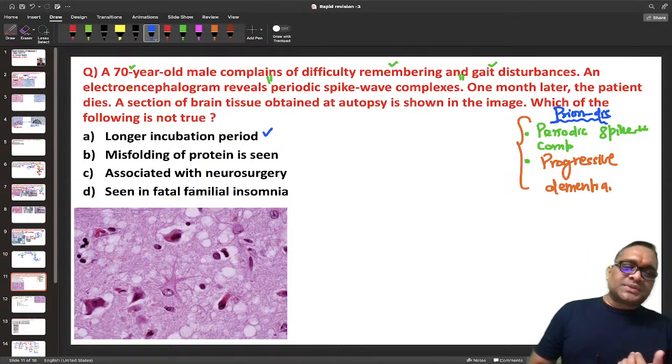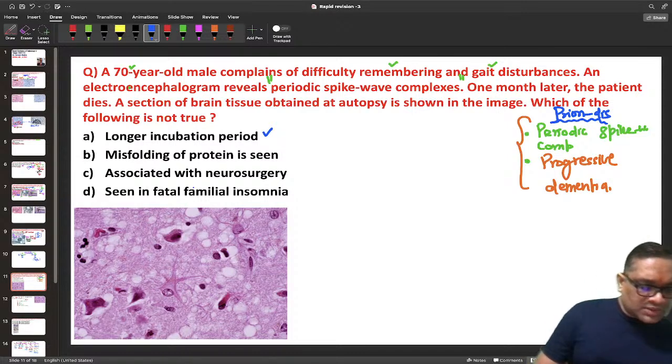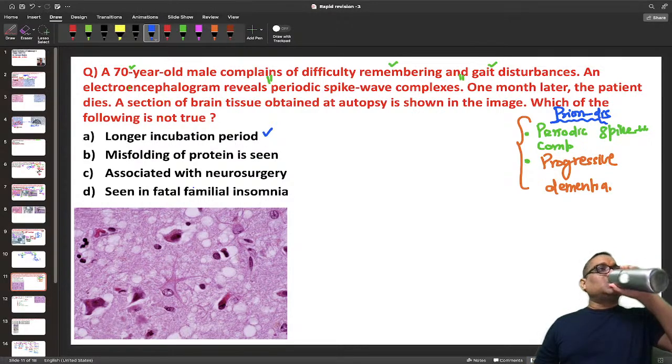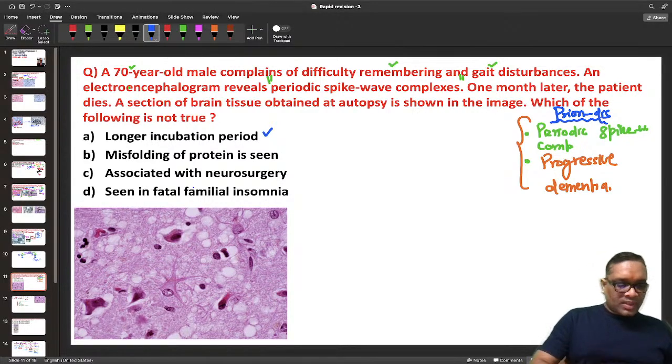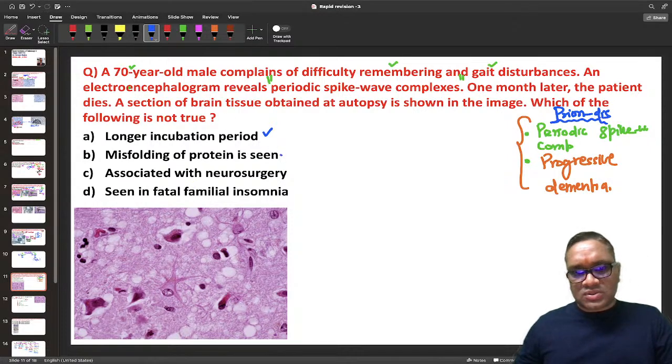It is because of misfolding of the protein. True or false? Yes, there will be misfolding of the protein, so that is also a true statement.